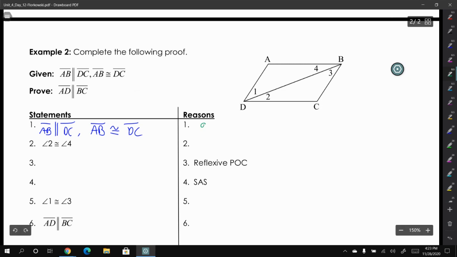And the reason for that is given. Let's mark this up. If AB and DC are congruent, let's mark that. And what we're trying to prove is AD is parallel to BC, and we have that last thing down here.